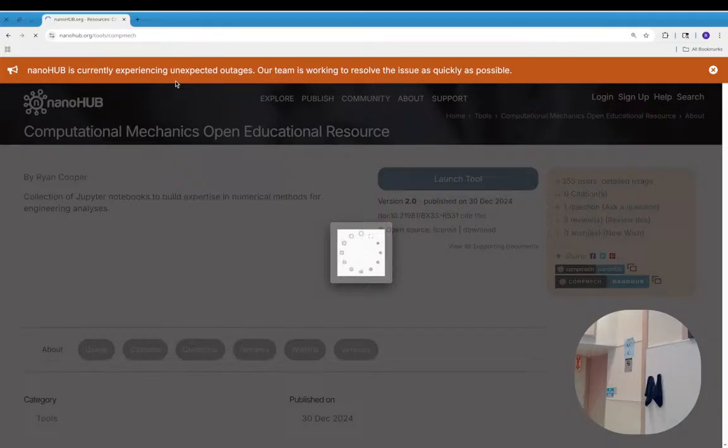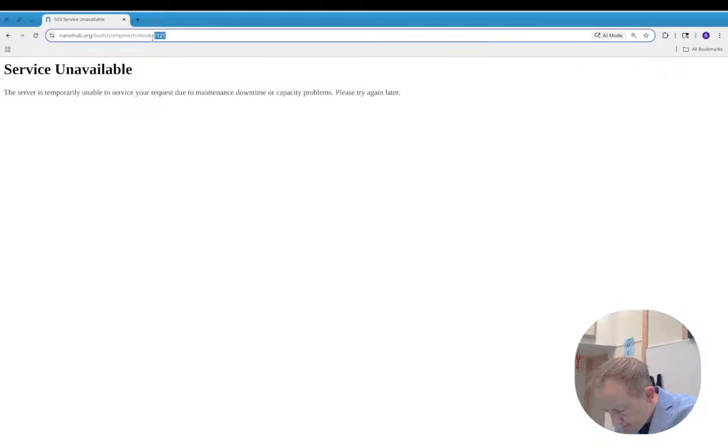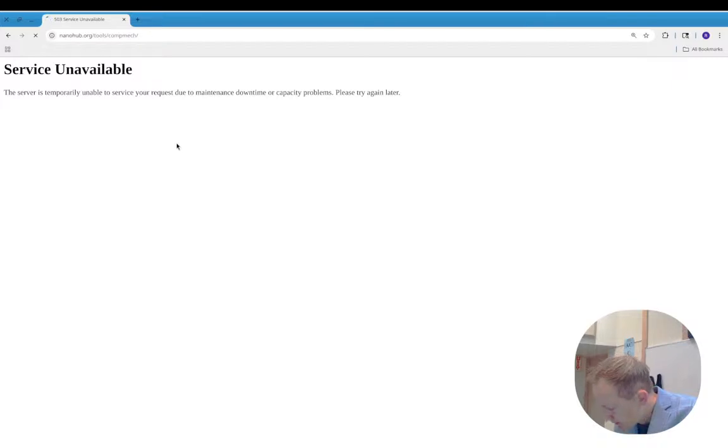Is anyone else getting that NanoHub? It's like down. Same thing.